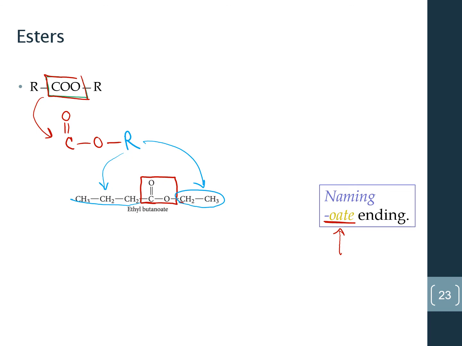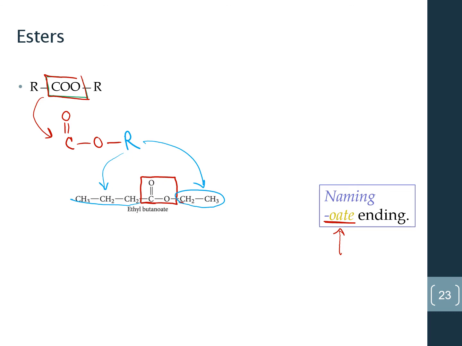So you can actually classify your compounds based on the name into a specific type of compound: esters, carboxylic acids, ketones, aldehydes. Or you have to be able to recognize which type of functional group you have looking at a structure.